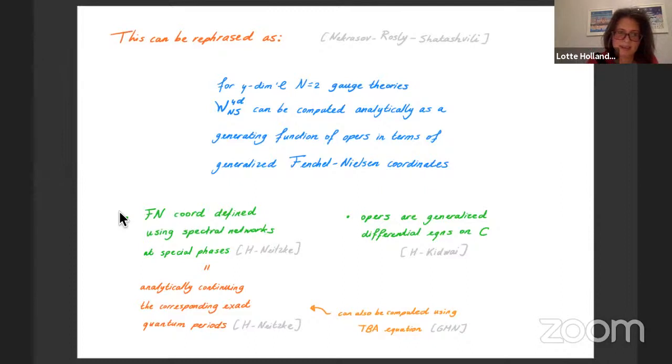That means that their monodromies are actually very difficult to compute. In other words, the exact WKB analysis in that case is very difficult, so to get exact results in terms of epsilon is difficult. But you can find the superpotentials in an epsilon expansion for those theories using this description.